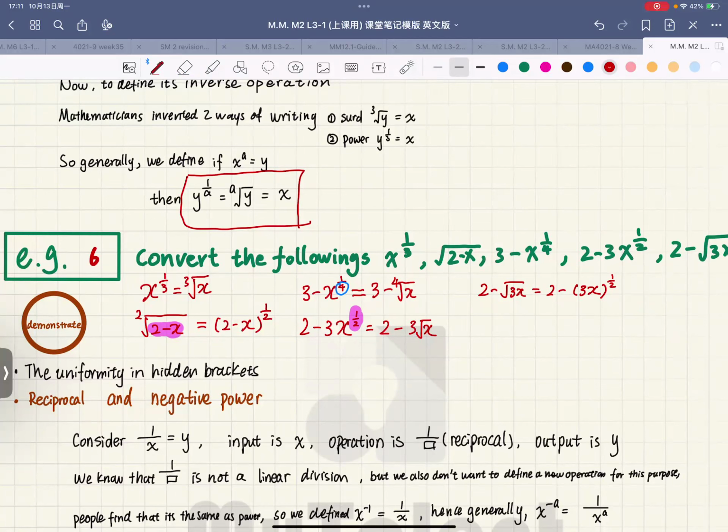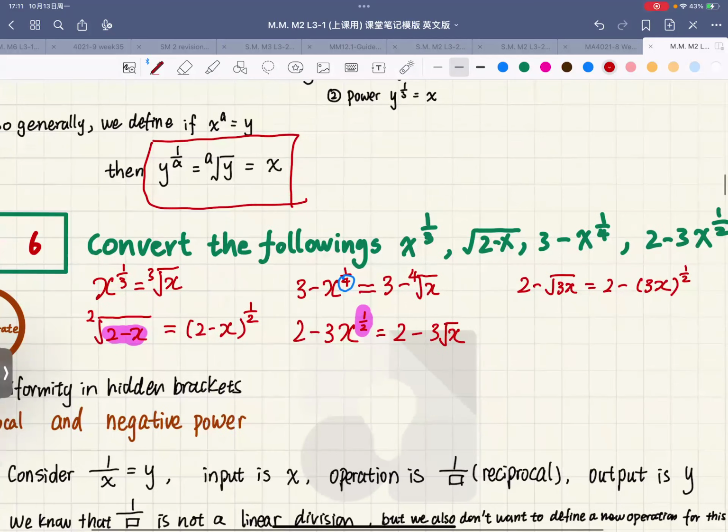Memorize this formula. It's very useful. You're gonna use this formula a lot when you do your exam, all right? These are just the rules you need to memorize, all right?